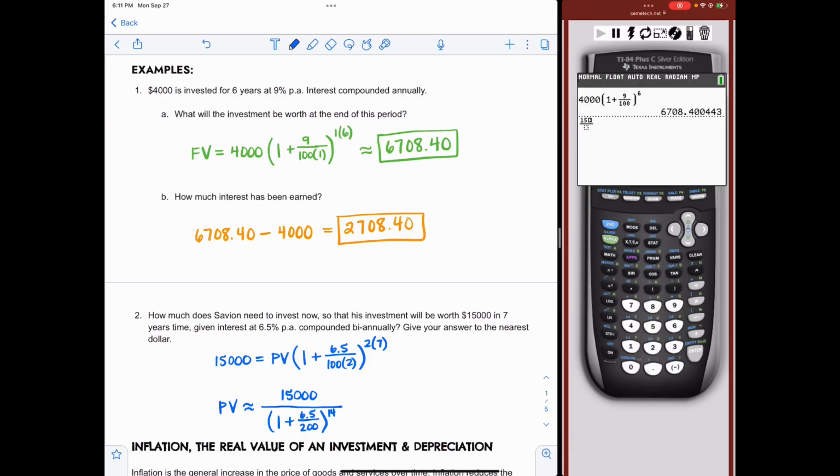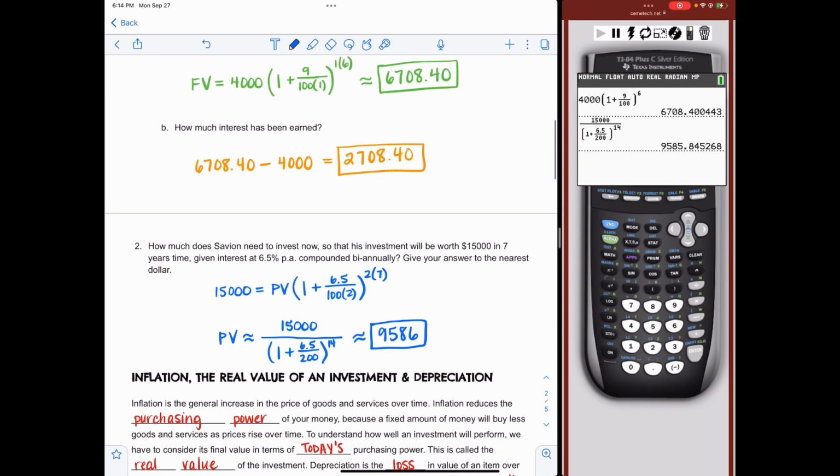So when I do that, I have 15,000 divided by 1 plus 6.5 over 200, to the power of 14. Make sure you put in your fraction. And we will end up seeing that he needs to invest approximately $9,586 because it says round to the nearest dollar. He needs to invest this amount in order for it to grow to $15,000.